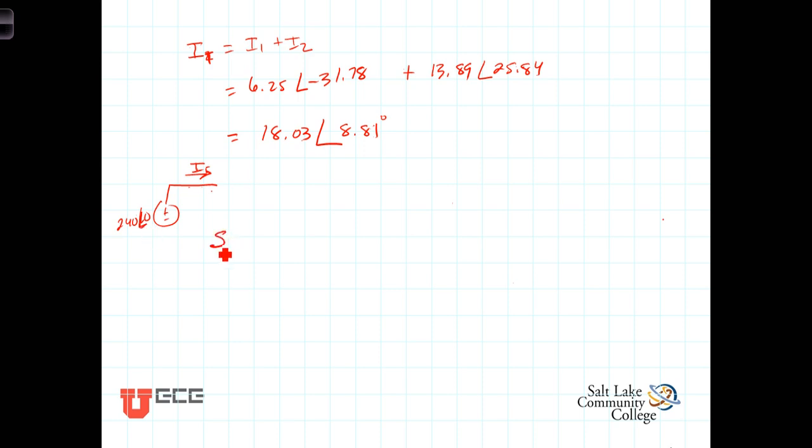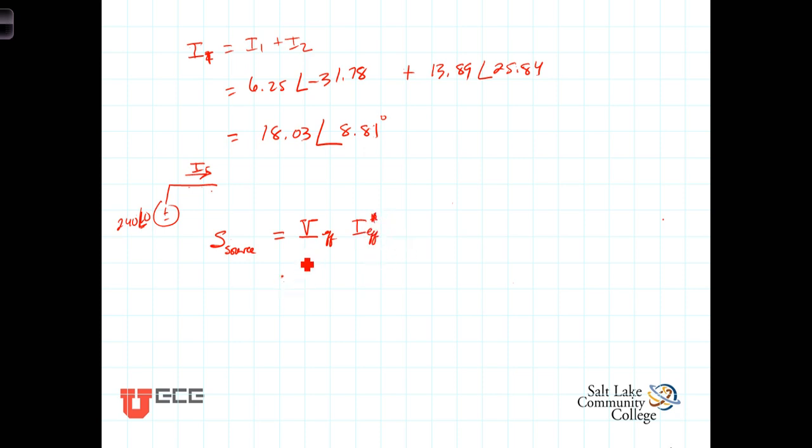Now that we know the total current, and we know the source driving that current, we can calculate the complex power S for the source. It's going to be phasor V effective times phasor I conjugate.